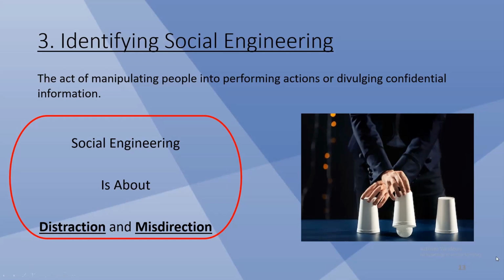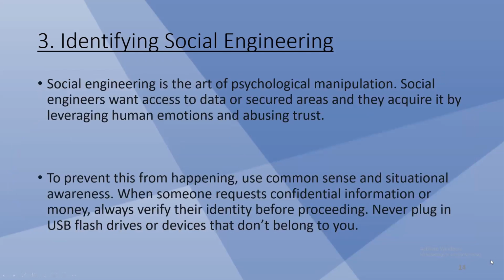All right. So just to elaborate more on that. Social engineering is a psychological manipulation. The social engineers want to access your data or secured areas, and they acquire it by leveraging human emotions and, of course, your trust and abusing your trust.